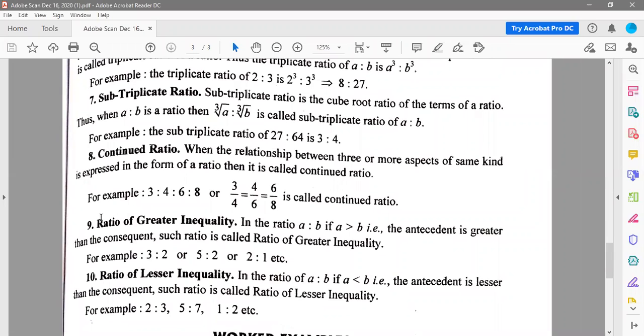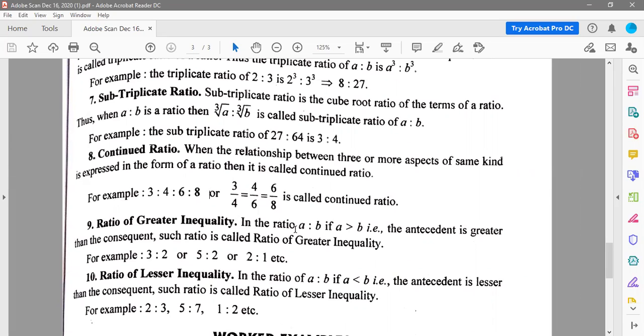Then the next one is ratio of greater inequality. Now here they're just comparing the number in the first term with the second term. In the ratio, if the first term, that is A, which is known as antecedent, is more than B, that is the consequent, then it is called as ratio of greater inequality.